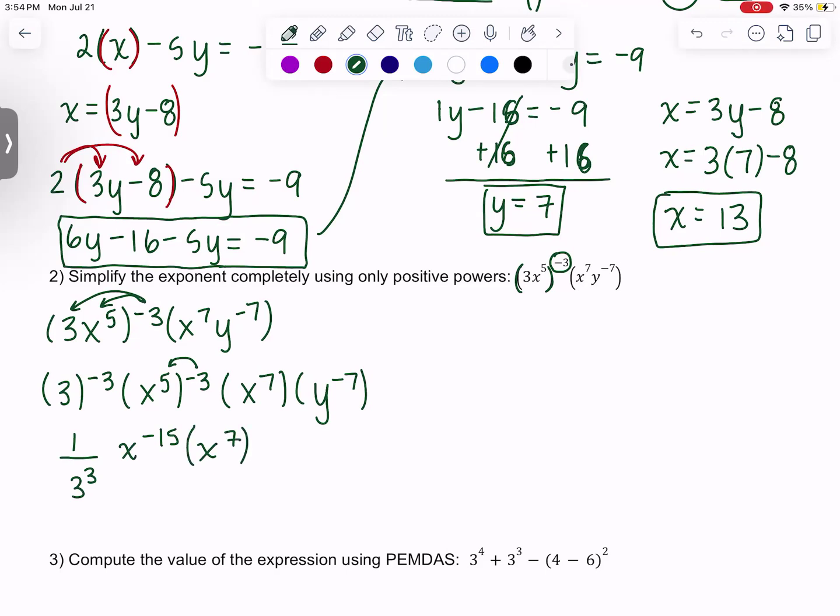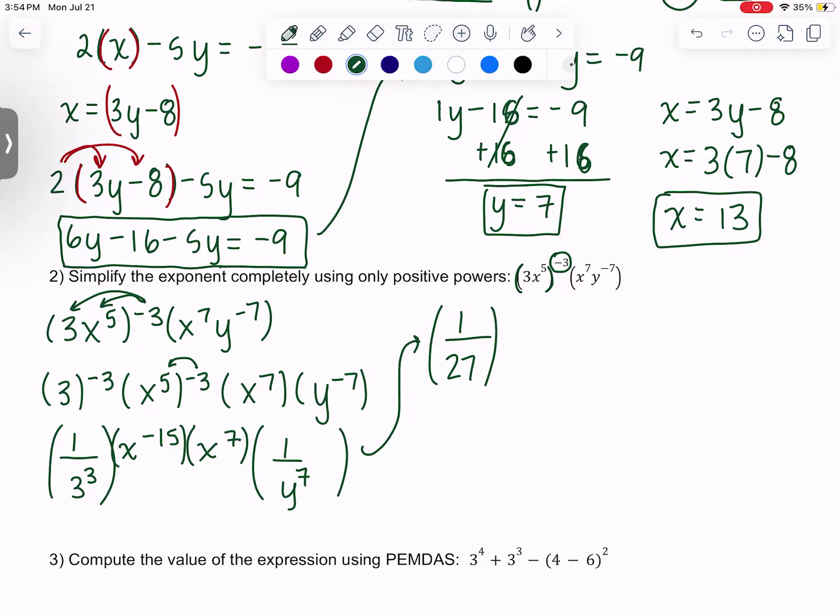So let's write them in their own parentheses. And then lastly, y to the -7th, we can go ahead and write that as a positive, 1/y to the +7. 1/3 to the 3rd is 1/27. 3 times 3 is 9, times 3 is 27.